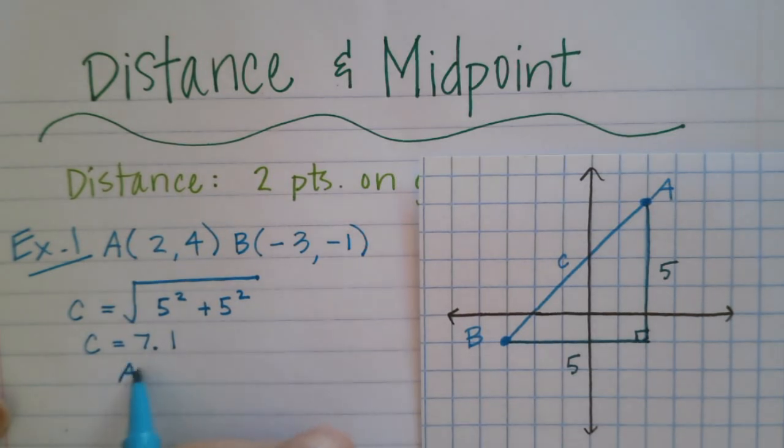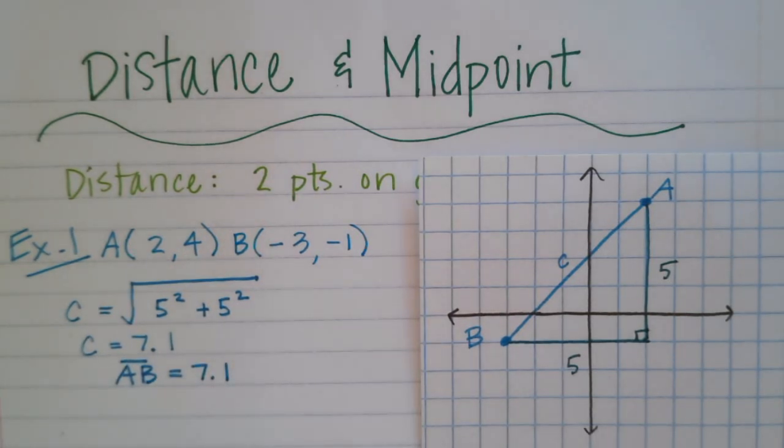So I know that this piece right here is 7.1 units long. Basically, the distance formula is just using the Pythagorean theorem.